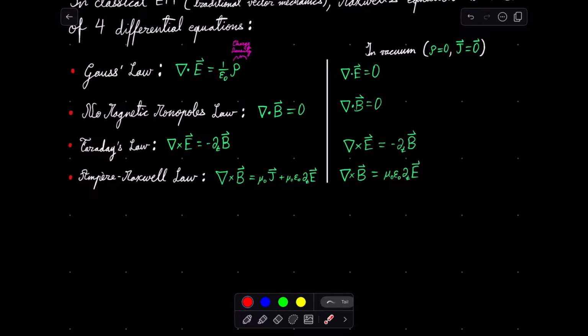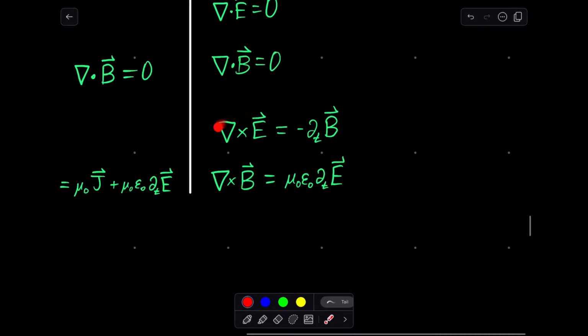These equations are used to derive the electromagnetic wave equation in free space. If you think about it, when a magnetic field changes in time, it changes the electric field. The electric field then changes in time, which generates a change in the magnetic field.